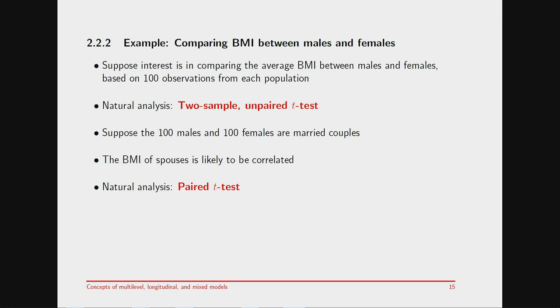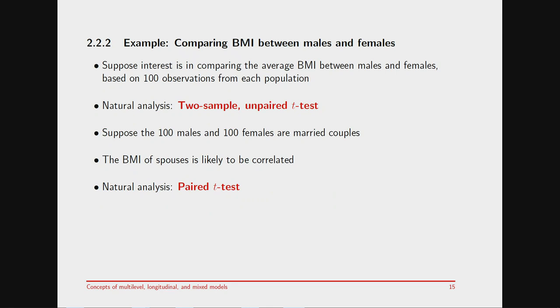Suppose we're interested in checking whether males and females have a different body mass index. And suppose I would give you a data set with 100 body mass index measurements from 100 males and then 100 observations from 100 females.